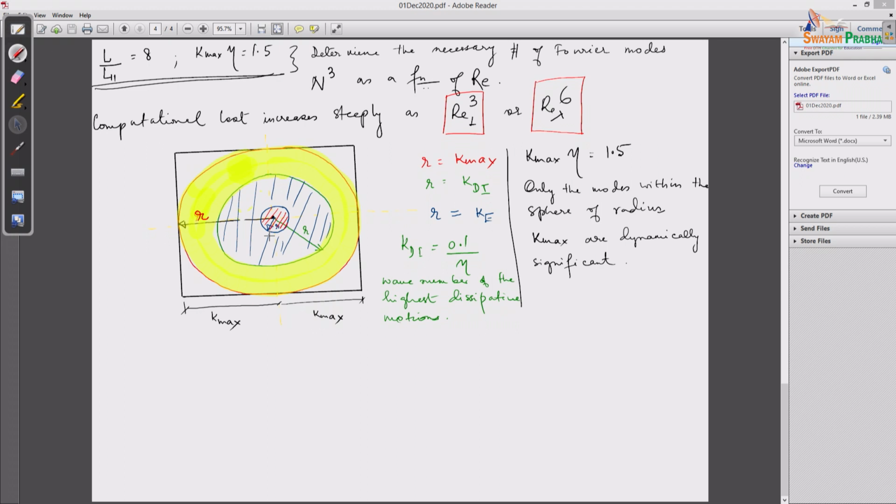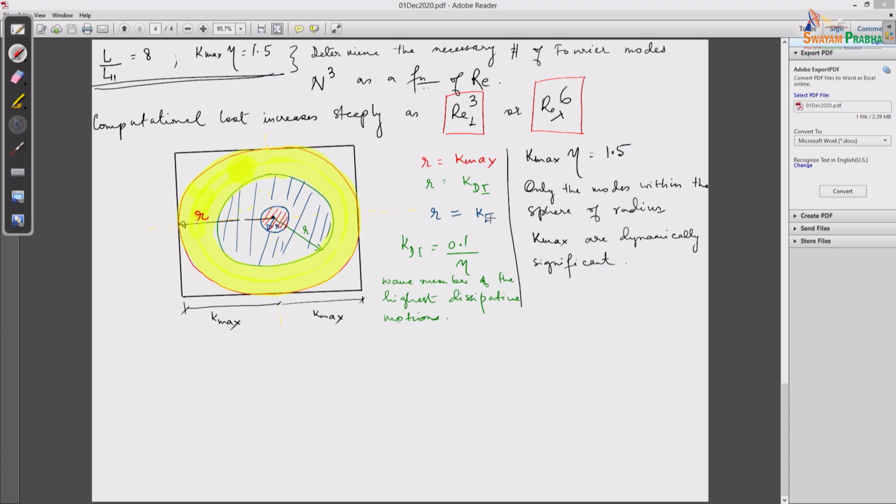That's the energy containing zone, and the small circle right inside is the radius of Ke, where the peak of the energy spectra lies.